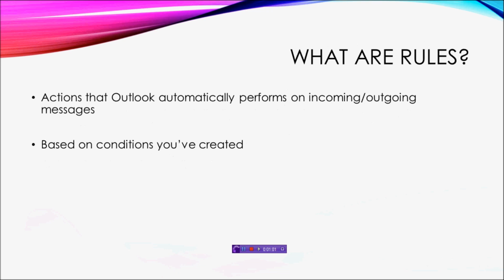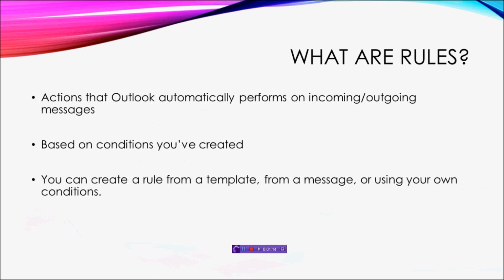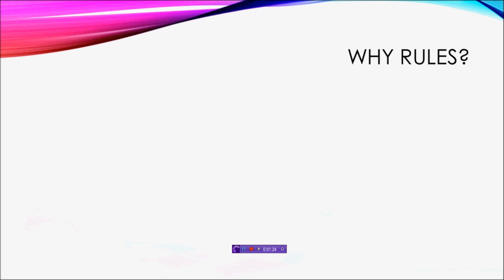Now, with the rules, Outlook does this task for me automatically. All I do is define the conditions. Now I can create the rules from templates, from a message, or I can use my own conditions to create these rules.